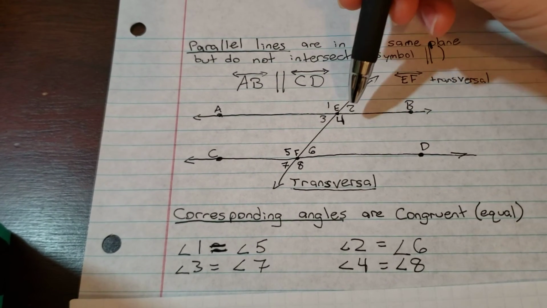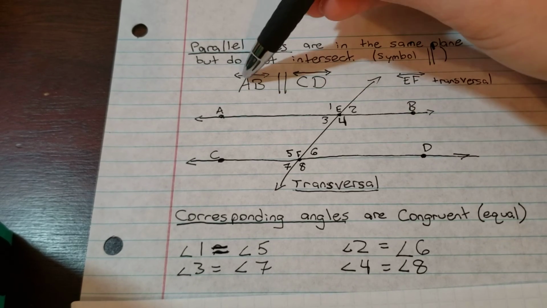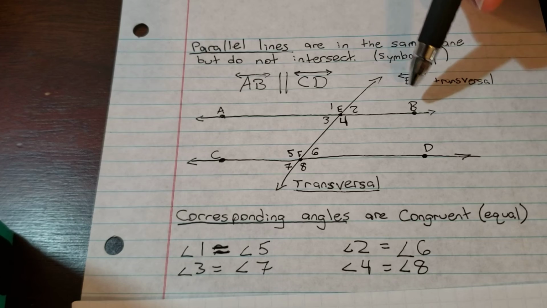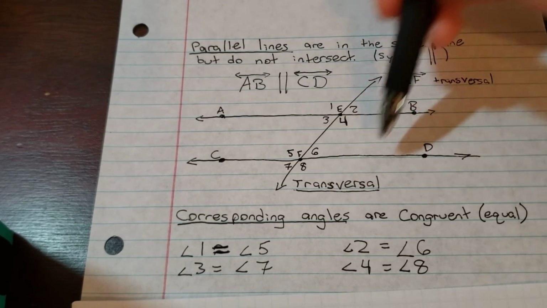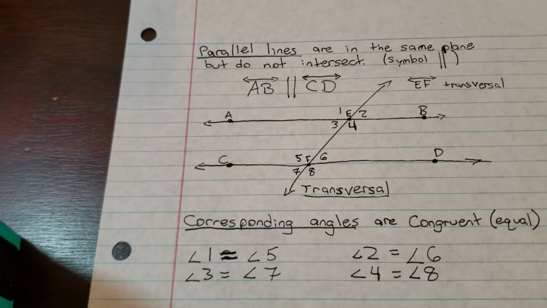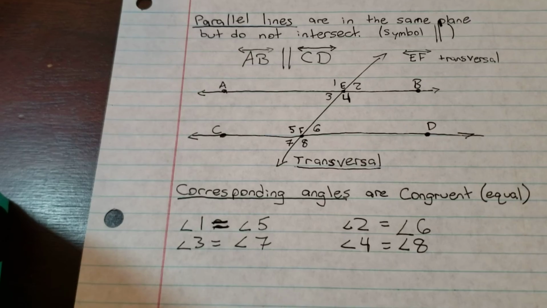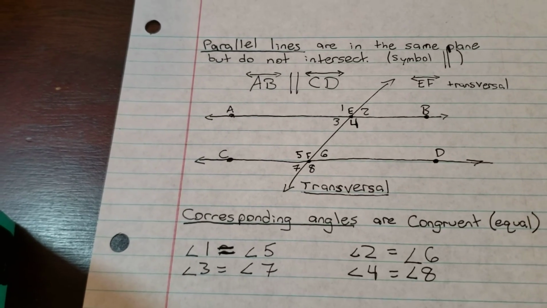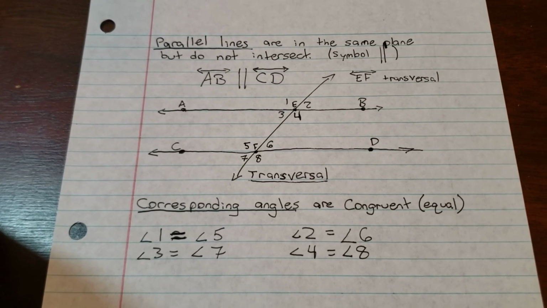So because of that, all you need is one angle, given that these two lines are parallel with the transversal. And as soon as you have that, boom, you could figure out all 8 right away. Okay? That type of information is going to be helpful on homework quizzes and tests. Hope you guys understand. Again, if you have any questions, comments, please ask.